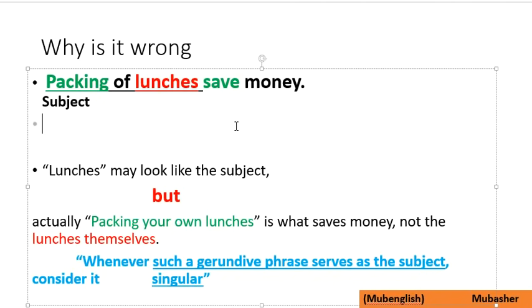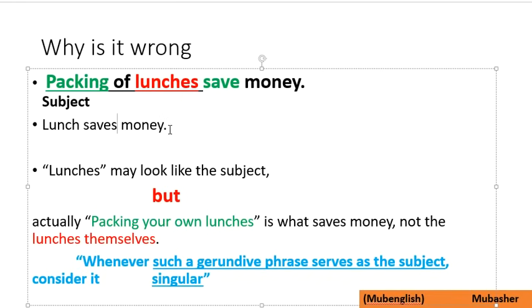So first we need to analyze the sentence whether these are lunches which save money, and if the sentence is like this one, lunches save money, that would be absolutely correct, because lunches is plural and we are taking save as a plural verb, and if it is lunch, that would be saves money.